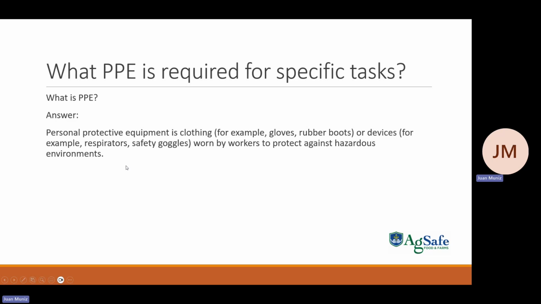So as you can see, we have further defined the type of clothing, the levels of protection, and the specific materials. It elevates all this clothing or coverings above and beyond your everyday work attire.